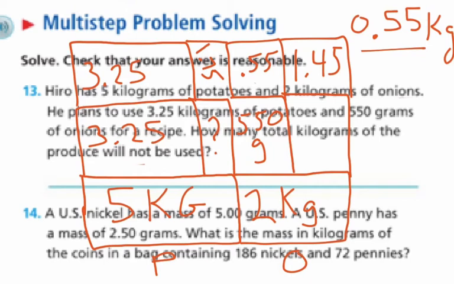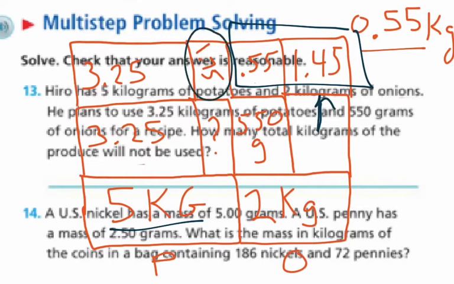I know that I had 0.55 kilograms out of 2, so that would give me a difference of 1.45 kilograms of onions not used, and out of the 5 kilograms of potatoes, I had 1.75 not used, because 3.25 and 1.75 equals 5.